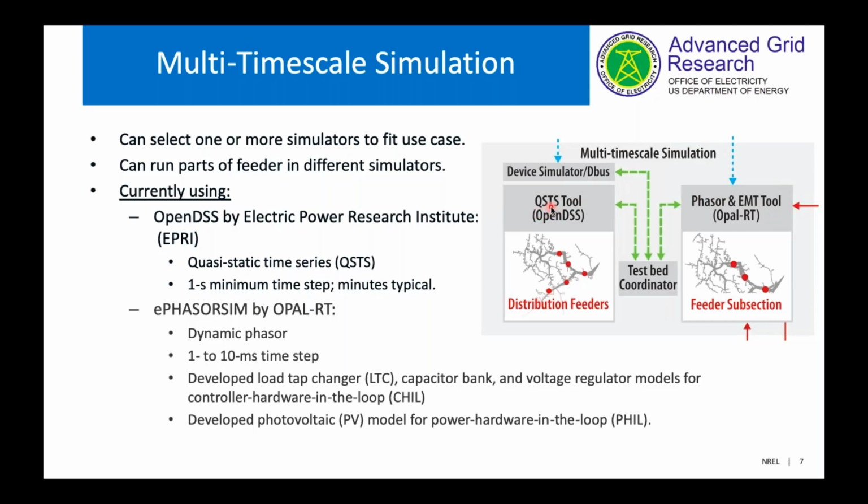Because we wanted to develop this capability, we split the network partly into a QSTS tool. We use the OpenDSS software simulation developed by the Electric Power Research Institute, and part of the network in OPAL-RT. In one of the examples that I'll give, we used ePHASORSIM, and in a couple of others we used eMEGASIM on the OPAL side.